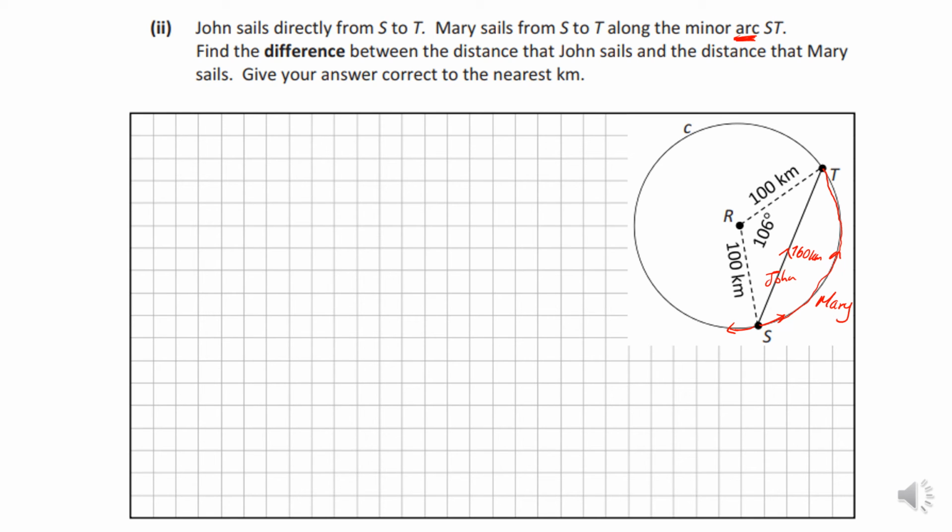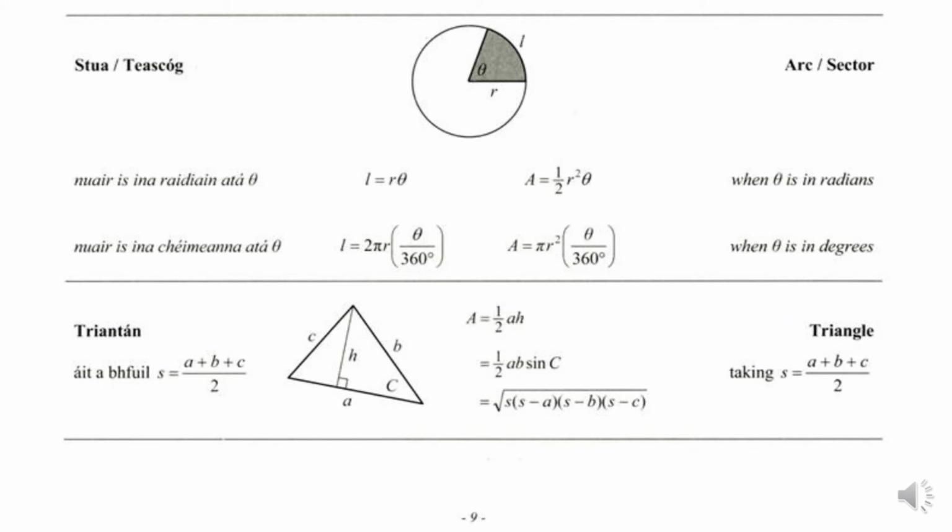Okay, so how do you get the length of that arc? Well, let's see. If you go to your formula and tables book, you have some information about arcs here. Okay, and we're looking for the length L, and L, if we're in degrees, which we are when theta is in degrees, is equal to this.